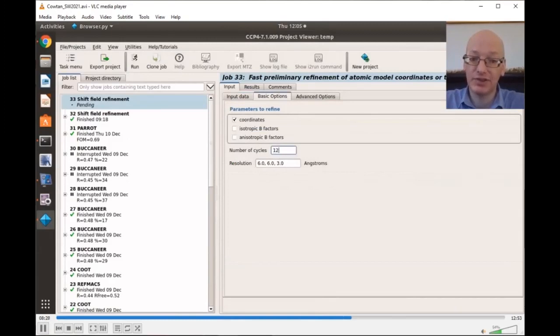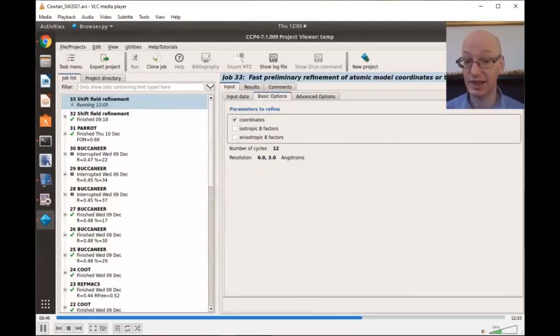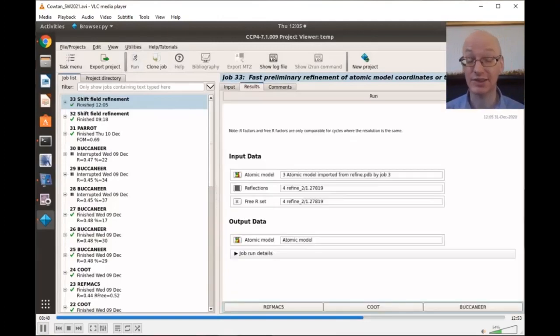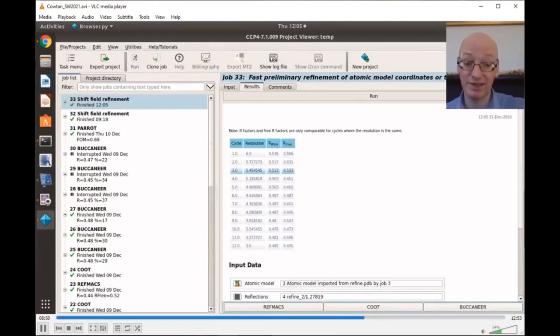And basic options, by default we run for 12 cycles, and we start at 6 angstroms and go to 3 angstroms at the end of the calculation. So those should be the defaults in future. And then we'll click run. The calculation should only take a few seconds. Obviously it does get slow with larger structures, but as you can see it was very quick.